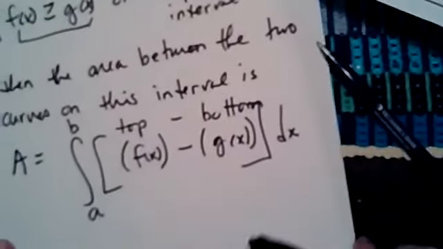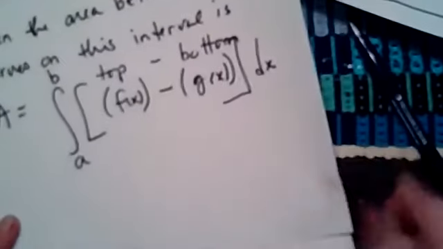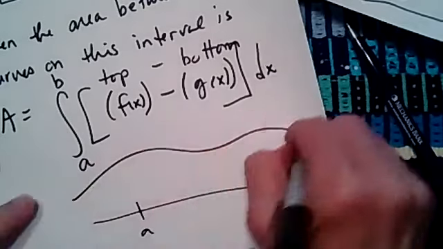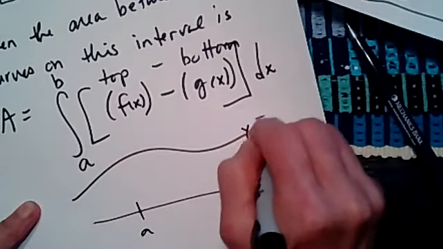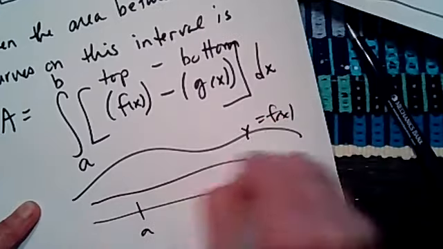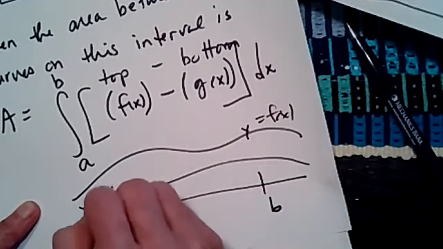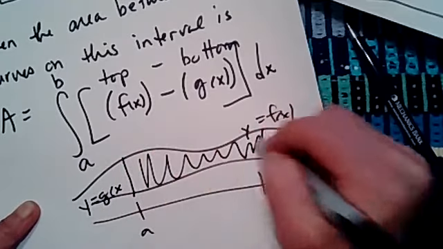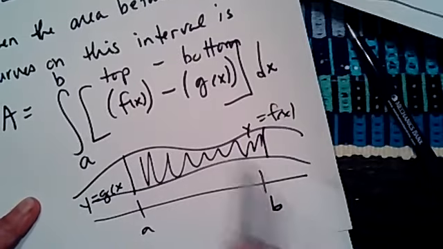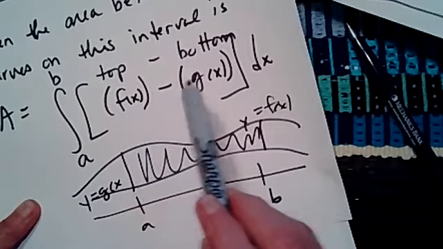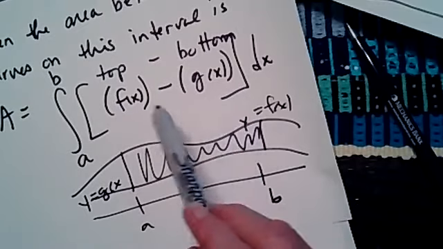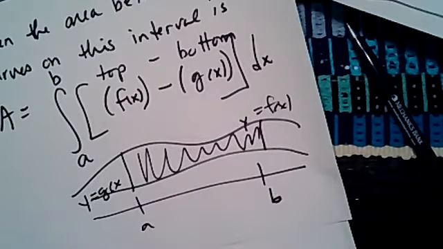So to find the area from a to b, if you have a top curve, y is equal to f of x, and then y is equal to g of x, and you're trying to find the area between the two curves from x is equal to a to x is equal to b, we're just going to integrate from a to b, take the top curve, subtract off the bottom curve, integrate it and plug in our limits, and we'll find the area.